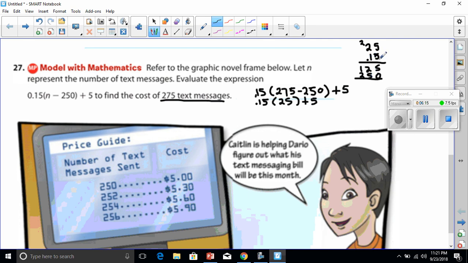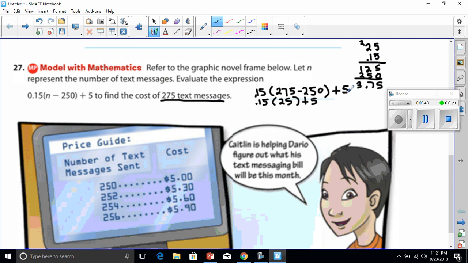Now we have our decimal 2 spaces over, so automatically in our answer it will have to be 2 spaces over. And now we add. We've got 5. 5 plus 2 is 7. And 1 plus 2 is 3. So our answer so far seems to be $3.75.